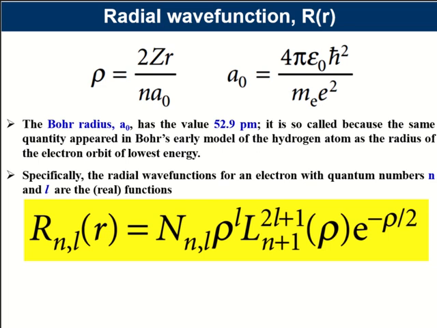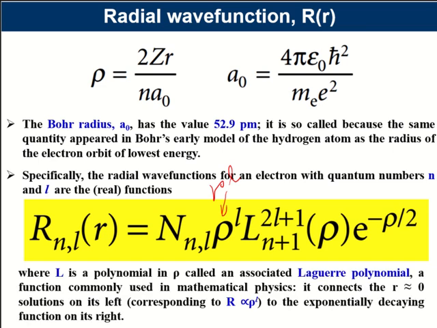So we talked about the r to the power L, and this is now accommodated in the rho, that is 2Zr by n a naught. And this is the Laguerre polynomial that takes into account the oscillating nature.